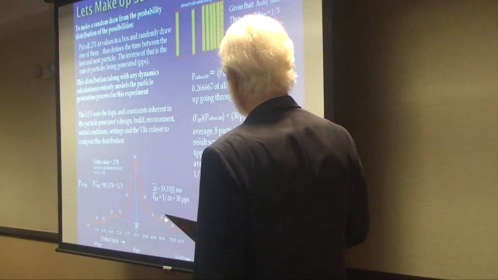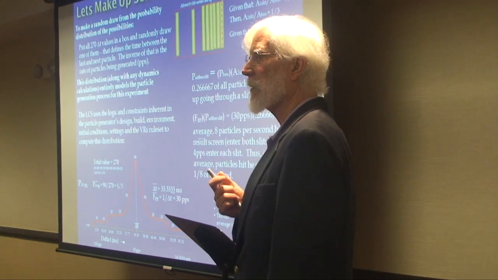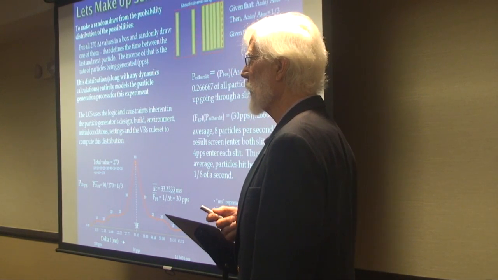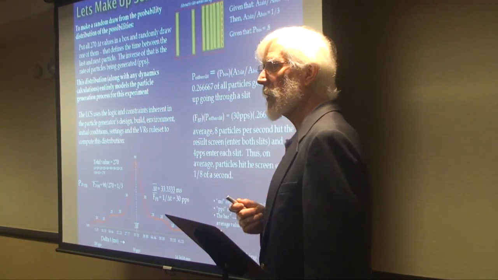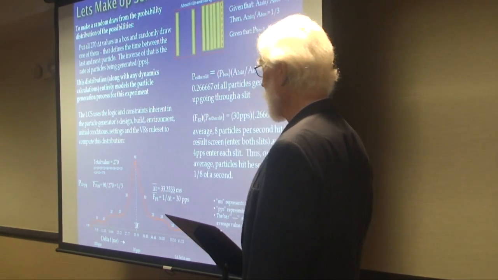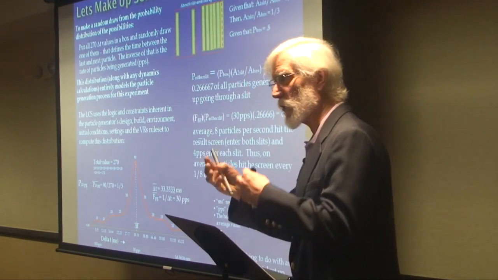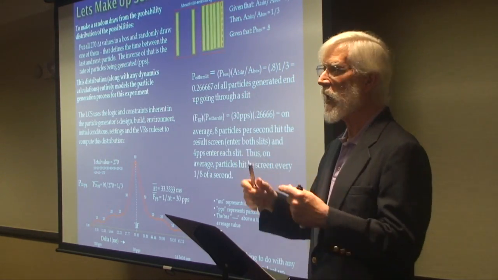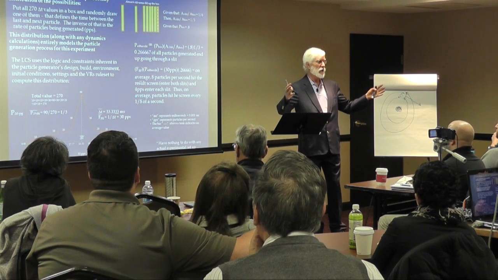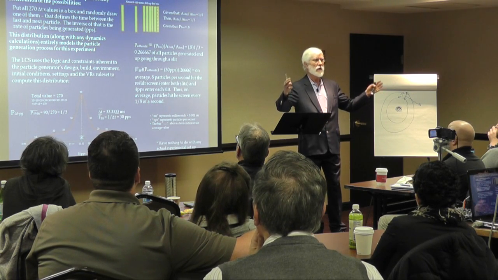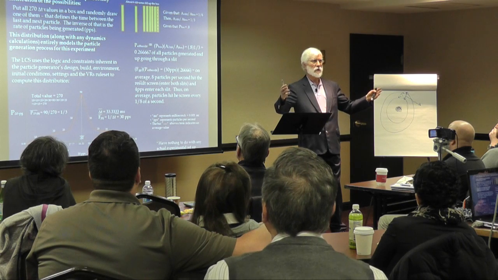So how does it get these? The same way it got that distribution for the probability of hitting the screen that we looked at. What it does is it has this laser. The scientist builds the laser, right? He puts the gas in the tube, gets the things that excite it, the trigger. He builds all of it, and as he builds it, that's all being done in virtual reality, because this is a virtual reality.